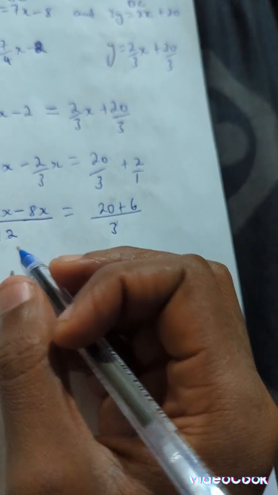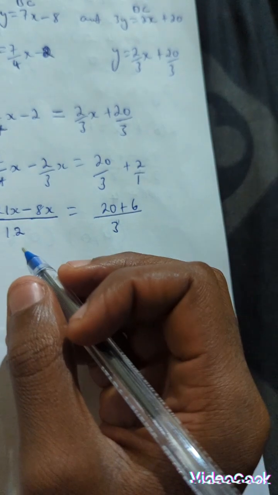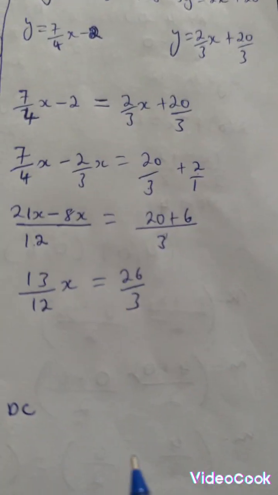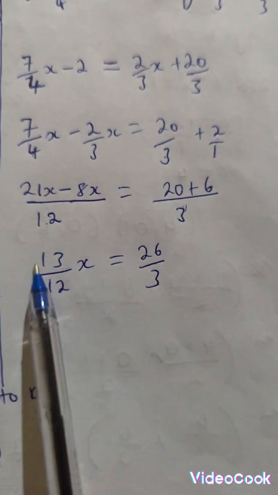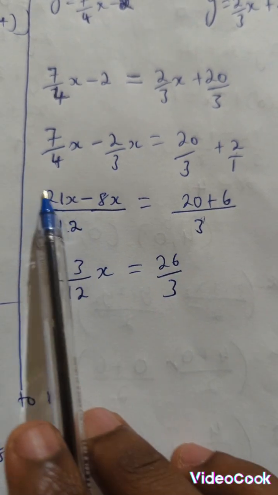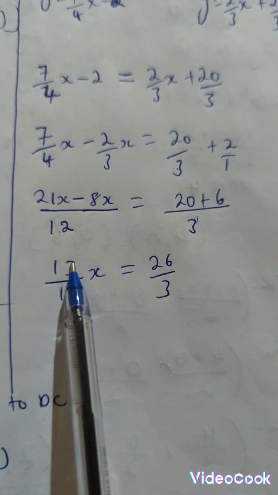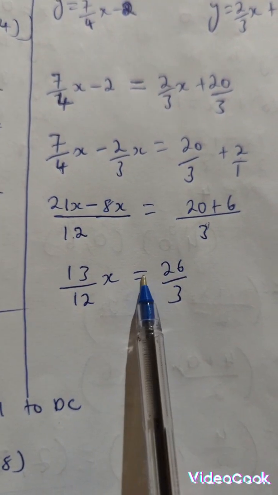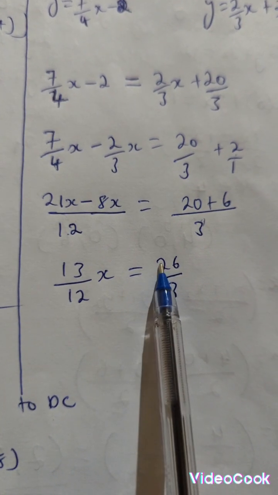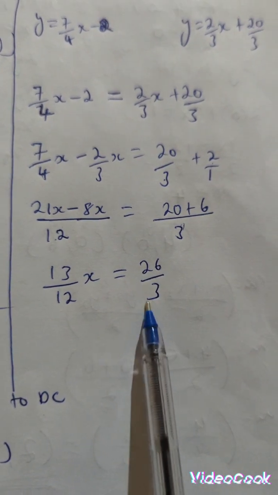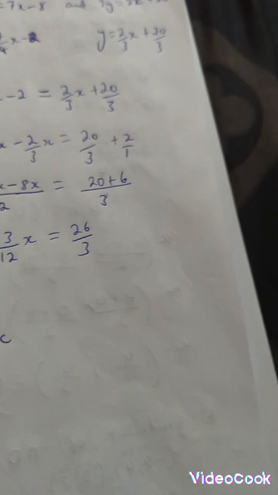Then when we do our mathematics, we are arriving at this stage, 21 minus 8 to give us 13x over 12 equals to 26/3. We cross multiply from here.